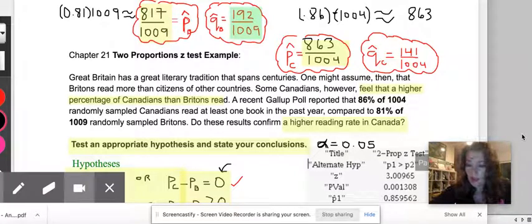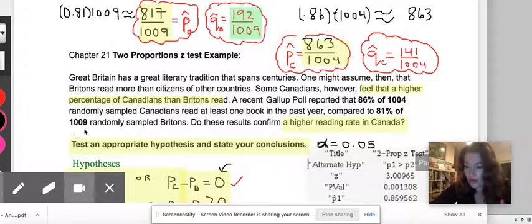All right, so we're given a lot of information. What I already did in advance is I went ahead and wrote the sample proportion for the Britons who read. So be careful here. It's saying 86% of 1,004 and 81% of 1,009, so you have to come up with the fraction on your own.